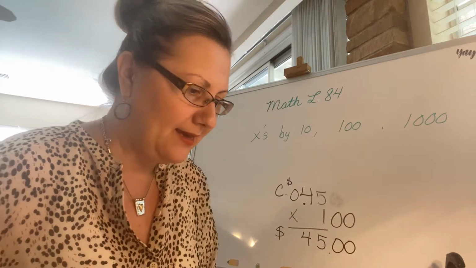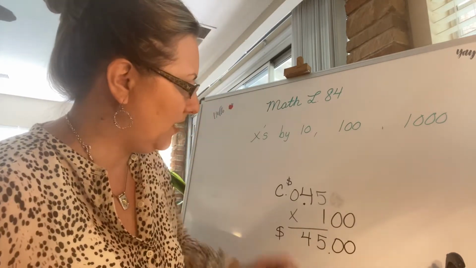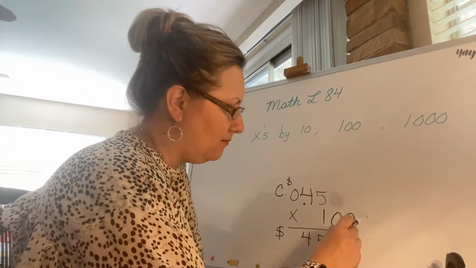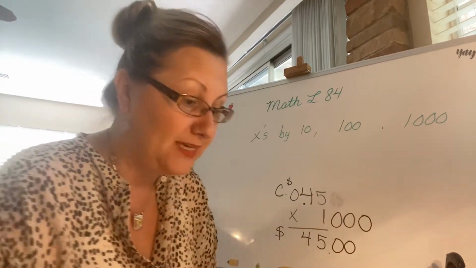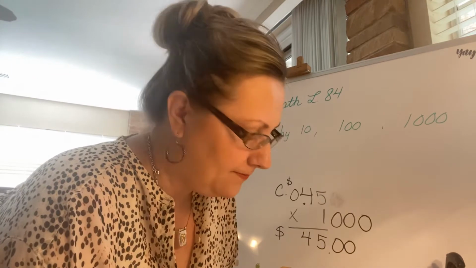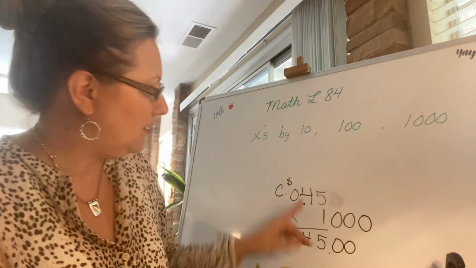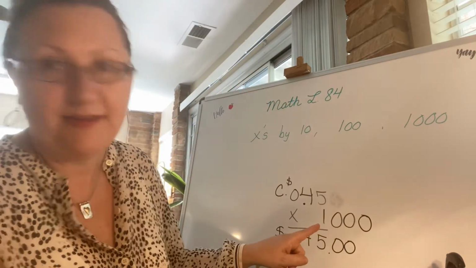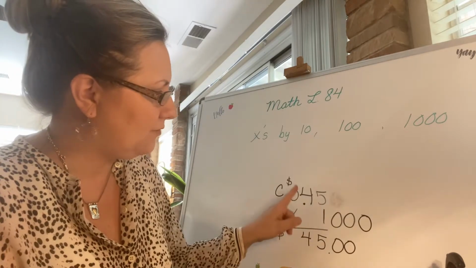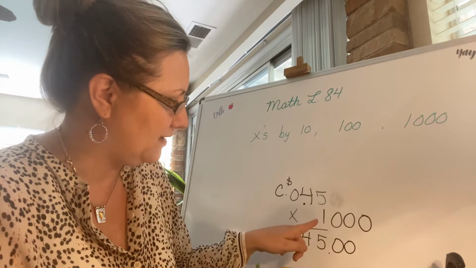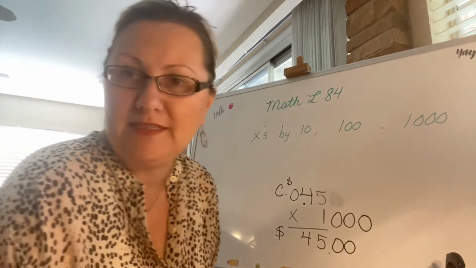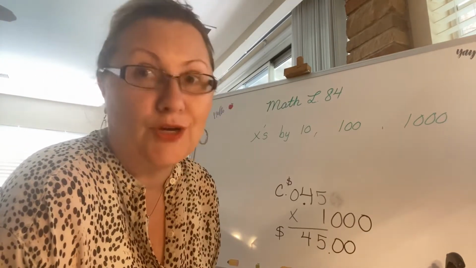Okay, and so what if it was just one more zero? Actually, I noticed that the original problem in C, and I'm sure you noticed this too, actually was 45 cents times 1,000. I had said it was 100. So what will be the difference if we do this correctly?